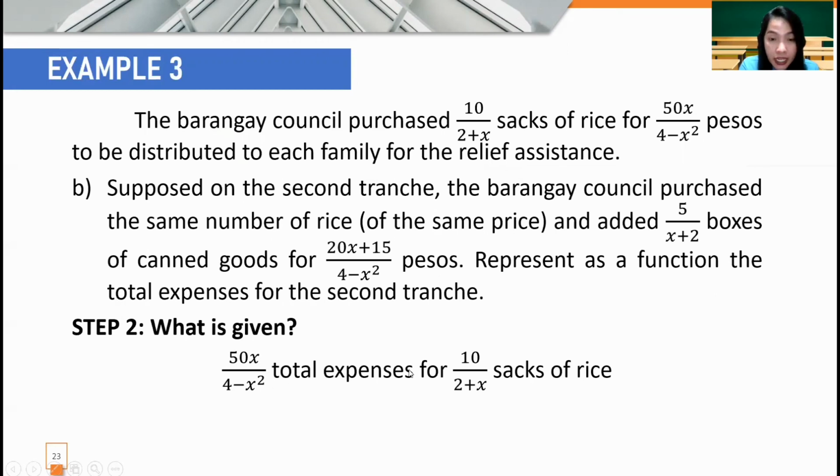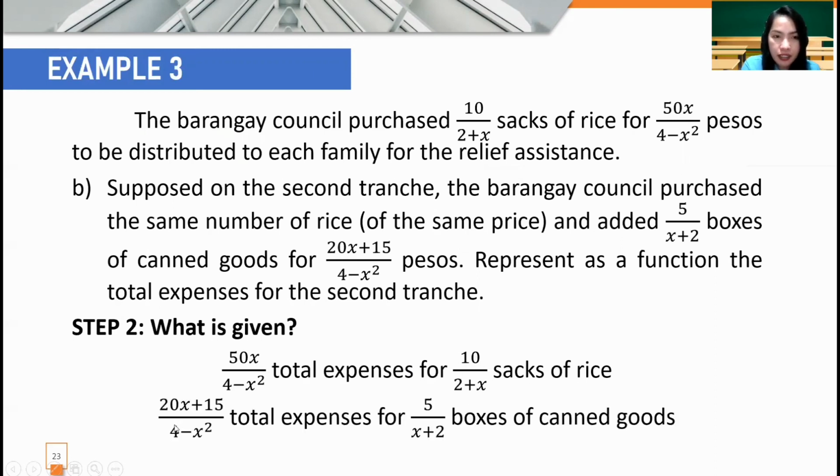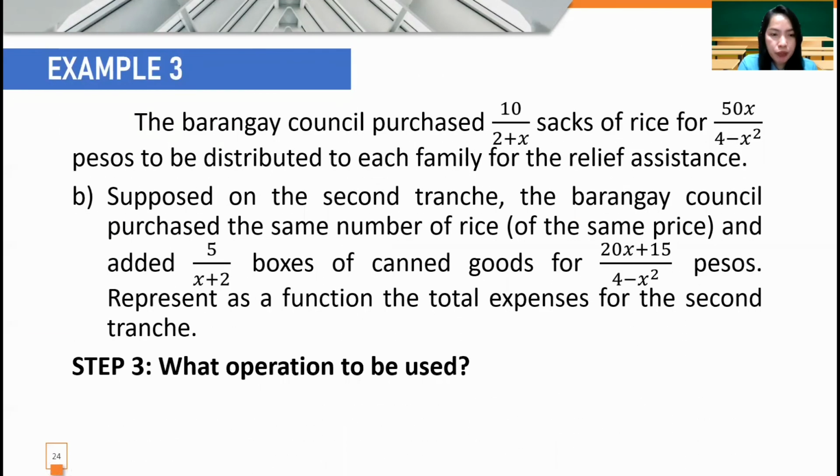That is the total expenses for this number of sacks of rice. Another, from the added condition, this is now the total expenses for the boxes of canned goods. Yan yung dinagdag natin. For step number 3, what operation to be used? Of course, from the given keyword total expenses, so we're going to use addition.